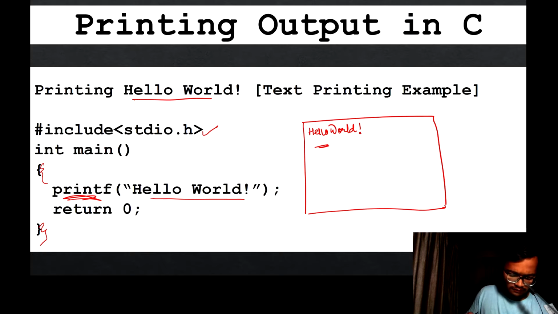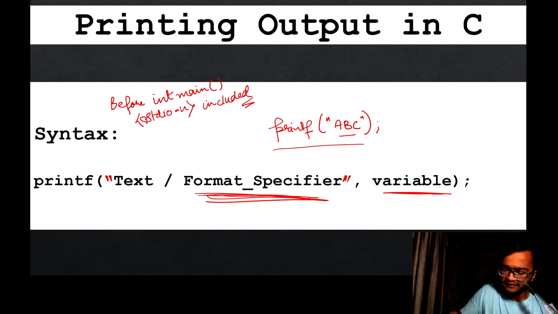If you want to print the value of a variable, say int a equal to 5. What does this mean? Variable a is of integer data type and it is holding the value of 5. Now if you want to print the value of variable a, what will we do?